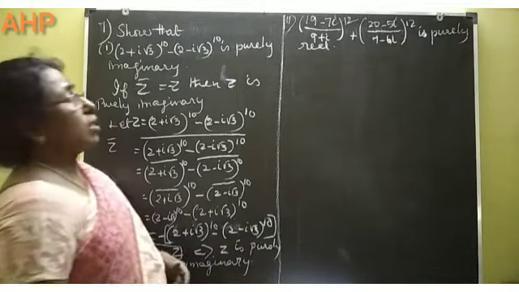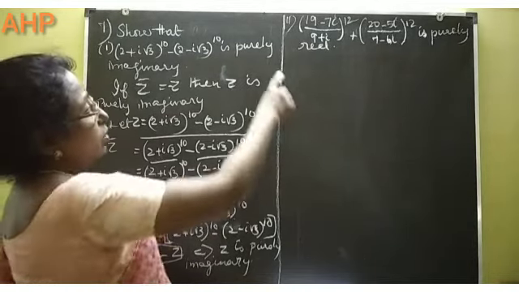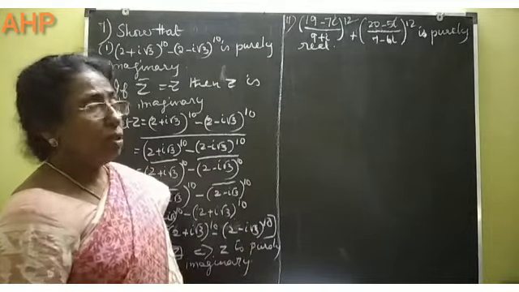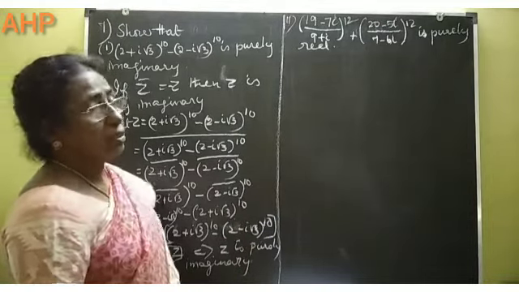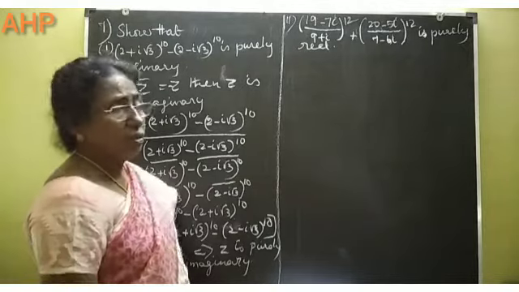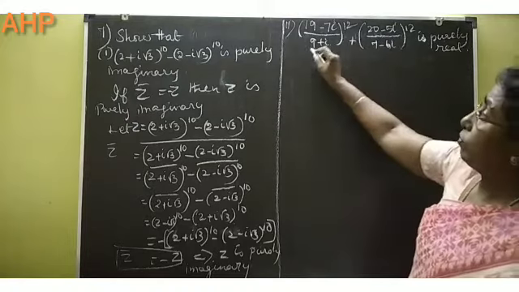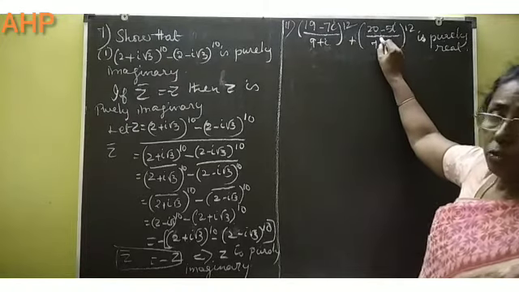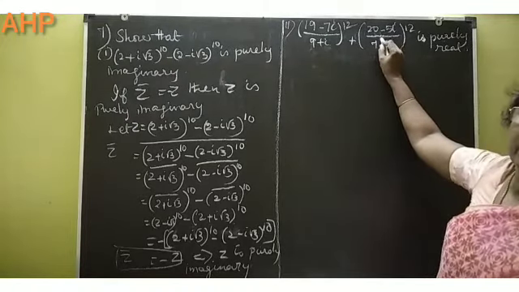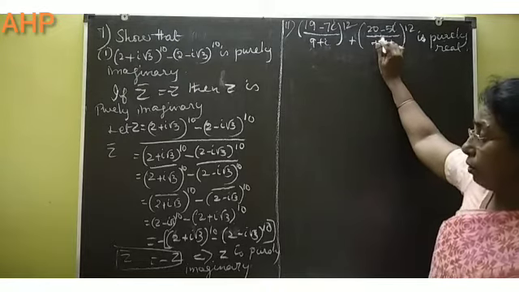In this question we are supposed to prove z is purely real. So let us assume z is equal to the given expression and try to prove z bar is equal to positive z. Then we can say it is purely real. If z is equal to this, we need to prove z bar is equal to z, which means the given expression is purely real.